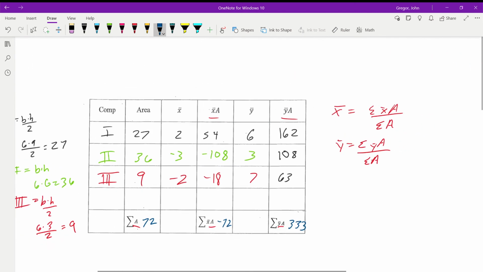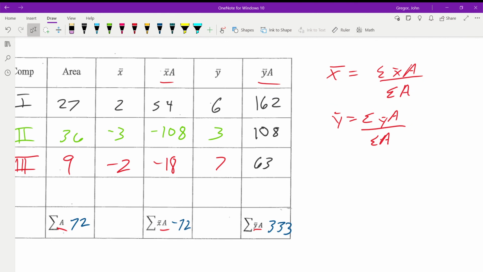Using these basic equations, you can find x bar and y bar quite easily. x bar is negative 72 over 72, which happens to be negative 1 inch. And y bar is equal to 333 over 72.